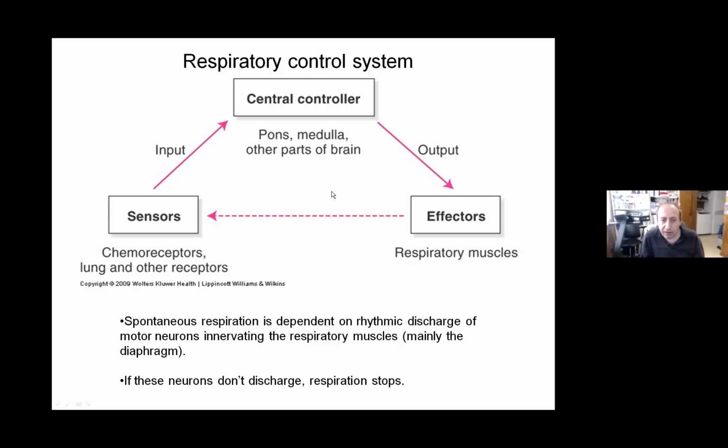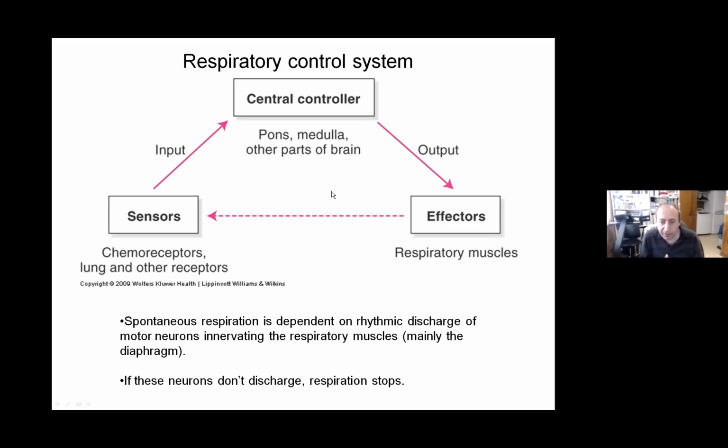And so it receives this input, integrates the input, processes it, and generates an output. The output is rhythmic breathing, but rhythmic breathing that can be modified or controlled depending on the physiological needs of the person.